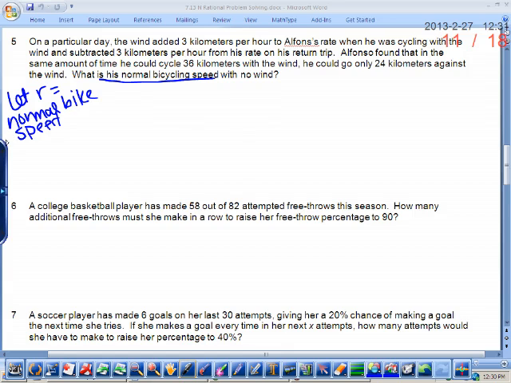Now, instead of setting up a freight train, passenger train, or uphill, downhill, we're now going to set up with the wind and against the wind. Those are the 2 things we need to set up here. Okay, so with the wind, what was his distance?